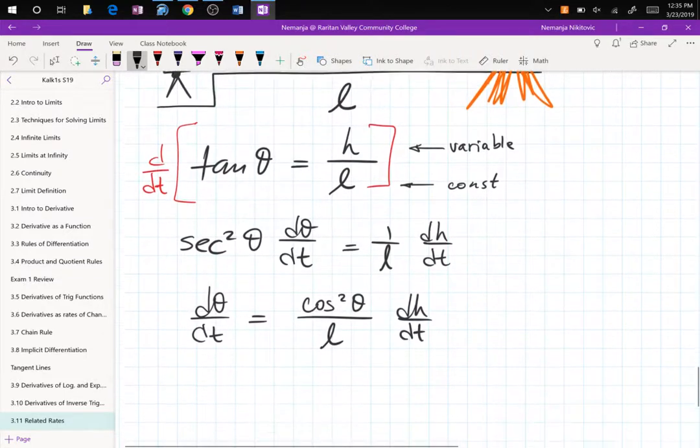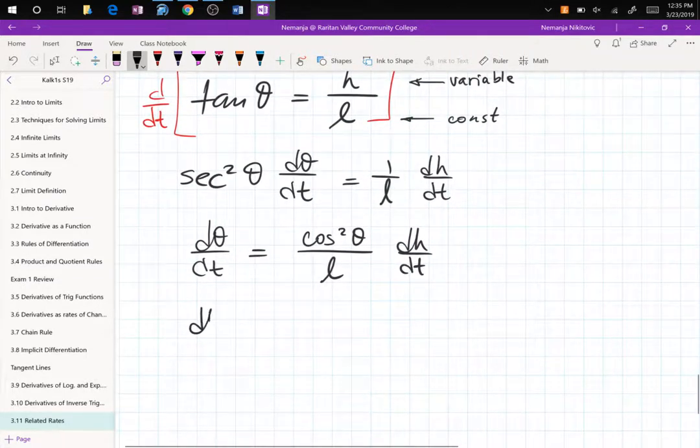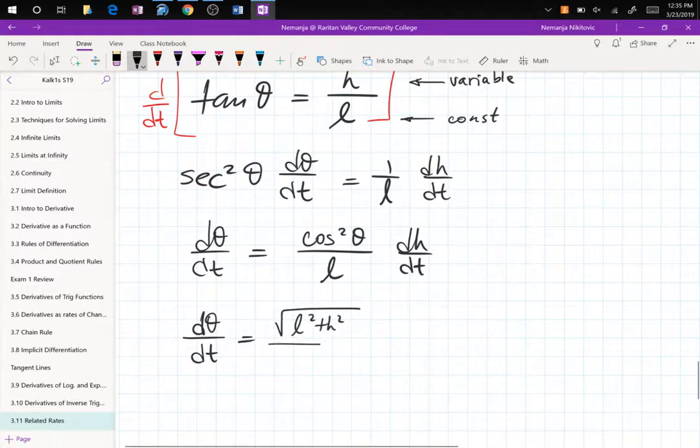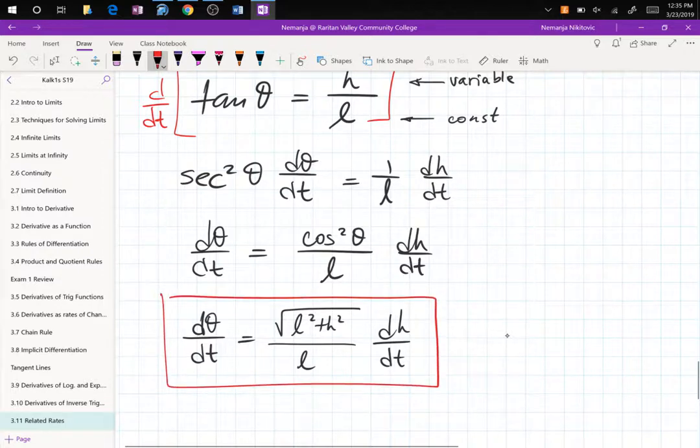So now d theta dt is going to be square root of L squared plus height squared divided by L, times dh dt. And this is the formula that you would program into it.